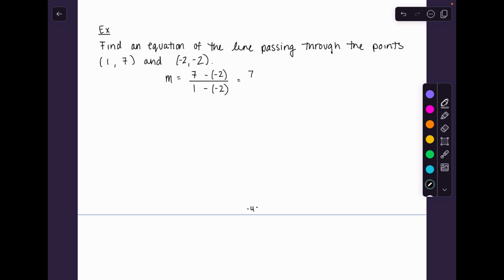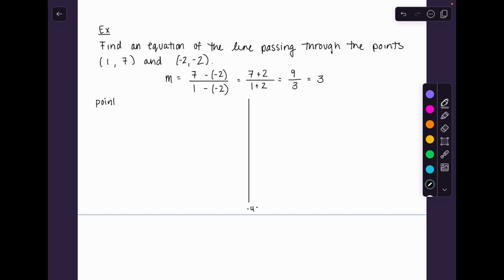So in the top, this becomes 7 plus 2. In the bottom, that minus minus also becomes a plus. So the top is 9, the bottom is 3. So when we divide this, we find out our slope is 3, okay?